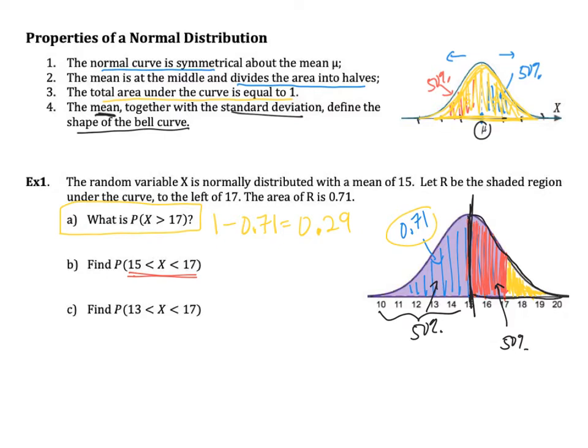We just said the yellow portion is 0.29. If this entire right-hand side that I'm outlining in black is 50%, then I have to subtract 0.29 from 0.5, or 50% minus 29%. That would be 21% of the data, represented by this red portion right here.